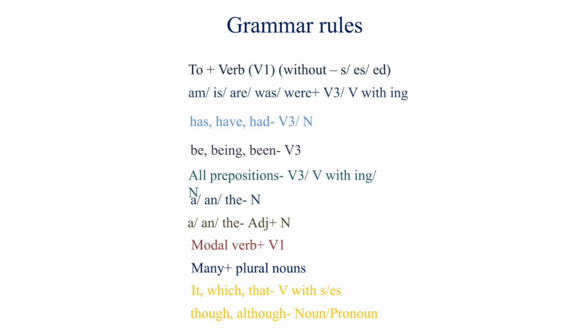That is, I can shake the bottle of water, or I can shake the juice before using it. So can is followed by V1, shake. The V2 form is shook, and the V3 is shaken. So I hope modal verb plus V1 is clear.